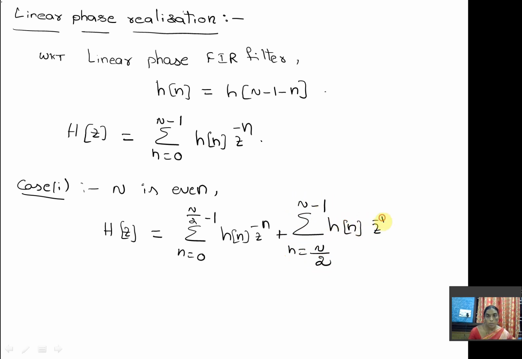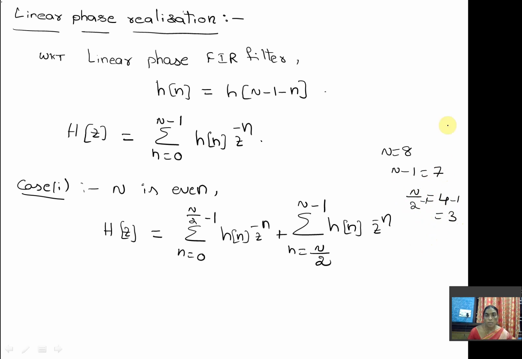For example, if N is 8, N minus 1 is 7, N by 2 is 4, and N by 2 minus 1 is 4 minus 1, 3.